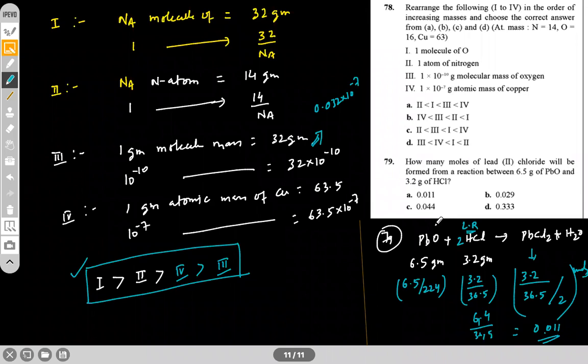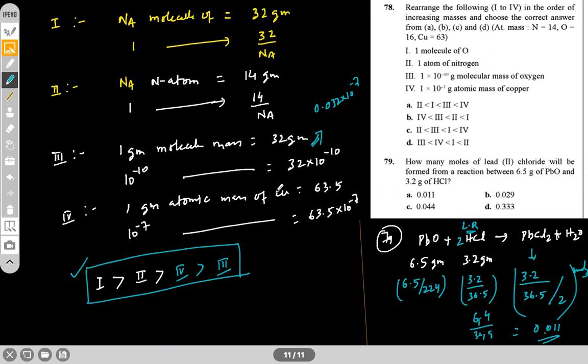So this question is again the stoichiometry based question we have over here. In this question we have a correction. The correct answer is this: number of atoms. Gram molecular mass means what? It is the mass of one Na molecule of that particular molecule, right? Na molecules, the mass in gram, that is the gram molecular mass.